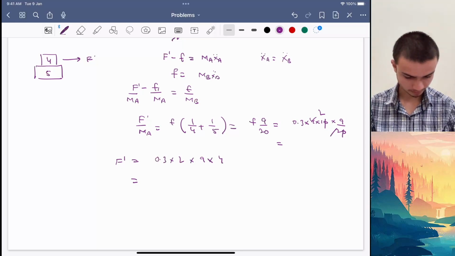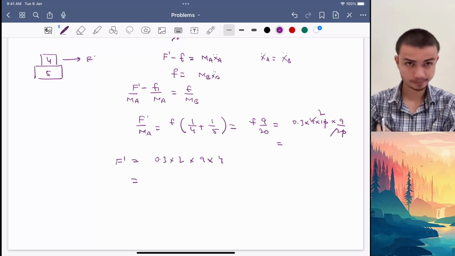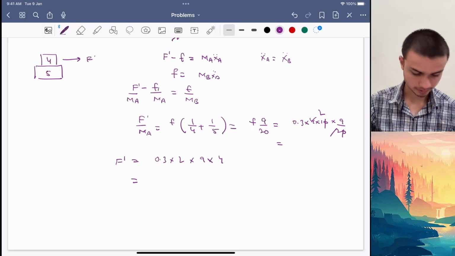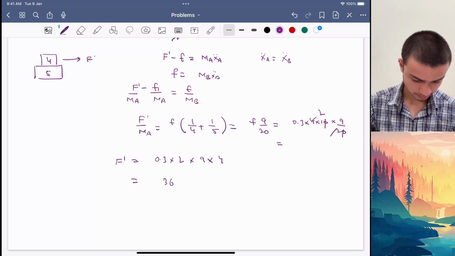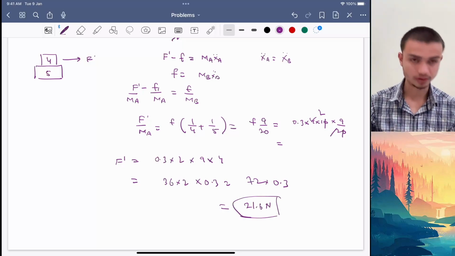I don't think I have made a mistake, I really hope I haven't. This is 9 fours are 36, times 2 is 72, times 0.3, that will be 21.6 newtons. So here is your answer. Thank you.